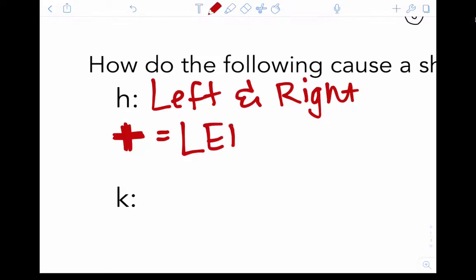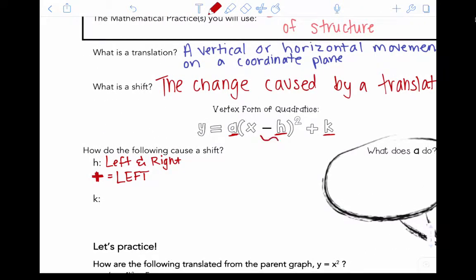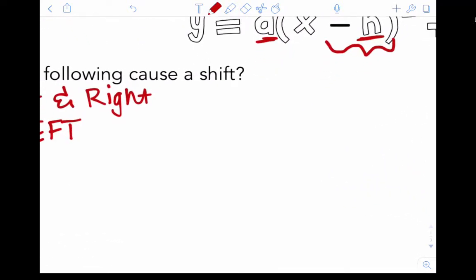Now, typically you would think positive is right, but this is a negative h, so that means that it is going to be the opposite. So a positive change is actually a left movement. That means a negative change, so if we have a negative h or a decrease, then it's going to move right.